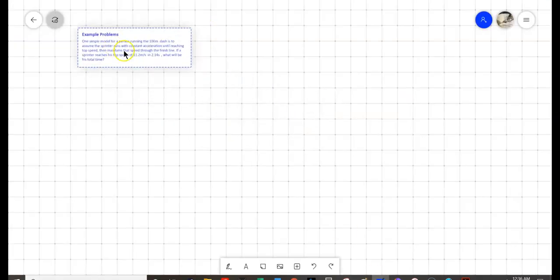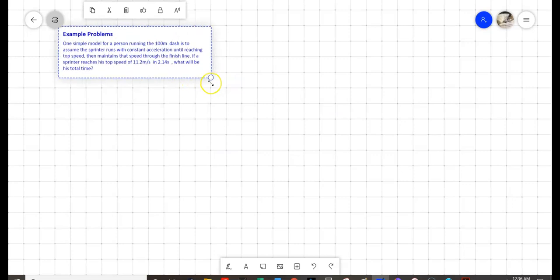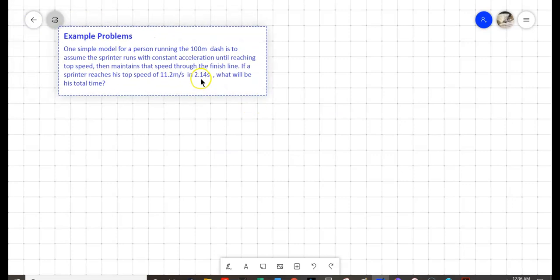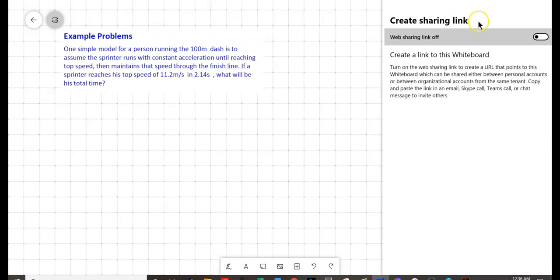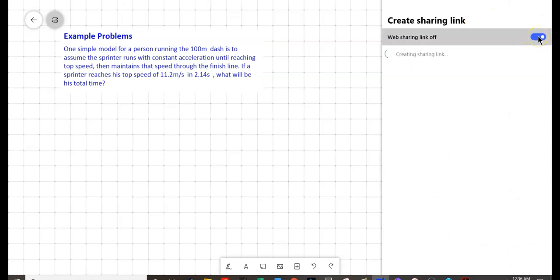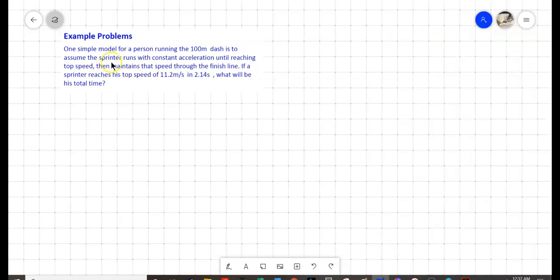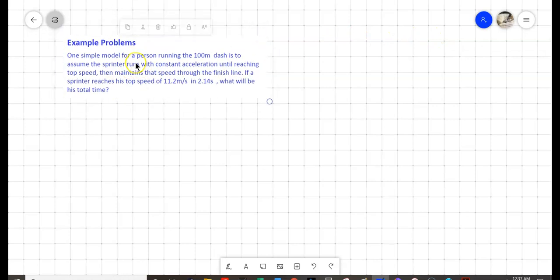If I wanted to invite other people to this, I would just hit this plus button right here, hit a sharing link, create a link and then copy other people over to it. But for now, I'm just not going to do that.